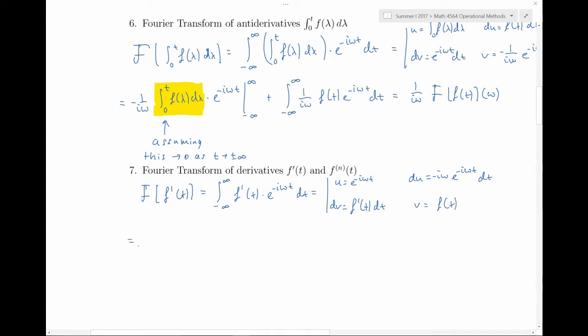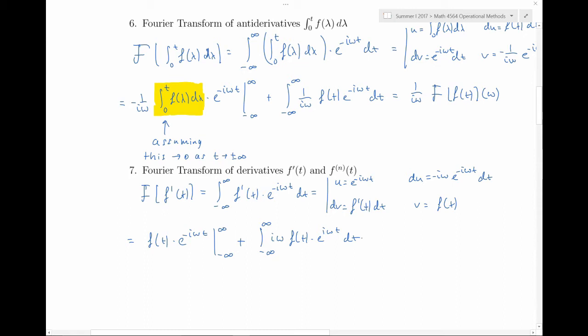This changes this integral into f of t times e to the minus I omega t, evaluated from minus infinity to infinity. Minus minus makes it plus, the integral from minus infinity to positive infinity of I omega f of t times e to the minus I omega t dt.